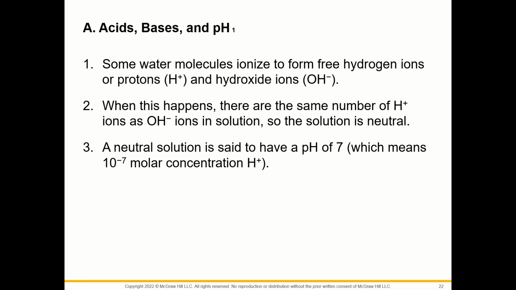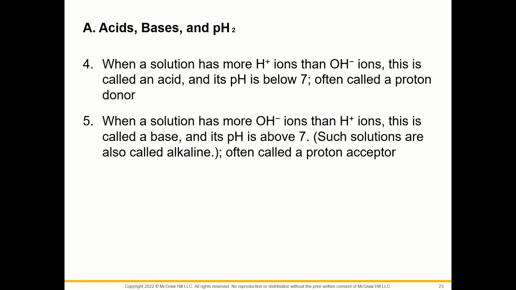The pH scale is an inverse logarithmic scale, and we'll talk about it being an inverse scale in a moment. When a solution has more hydrogen ions than hydroxide ions, this is called an acid, and the pH is below 7. Acids are often called proton donors.